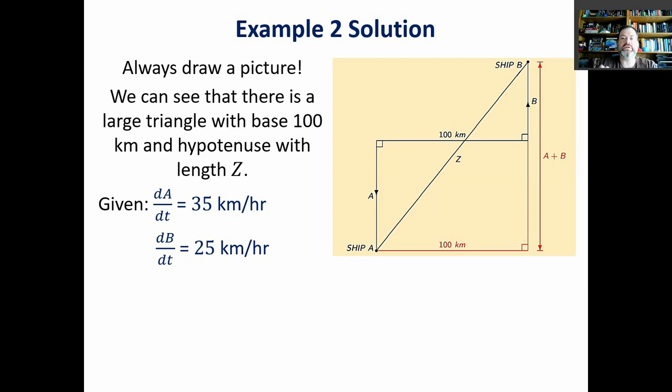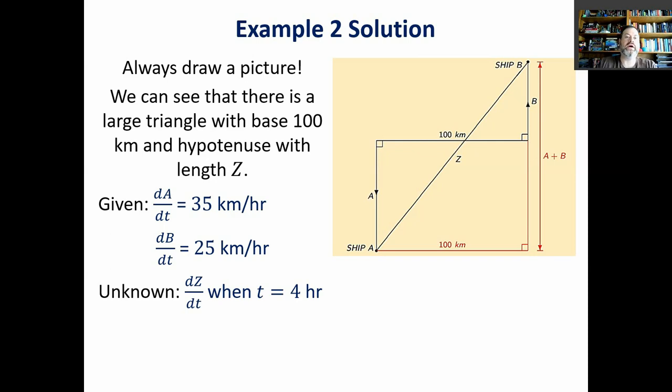But because we have a triangle, you solve the lengths of sides of triangles with the Pythagorean theorem. When you have the Pythagorean theorem, you just square everything, so it doesn't matter if you write it as negative or not. Don't worry about the tricky technical details, right? The ships are moving in opposite directions, so the distance between them is just the sum of their speeds. So they're moving apart at 60 kilometers an hour.